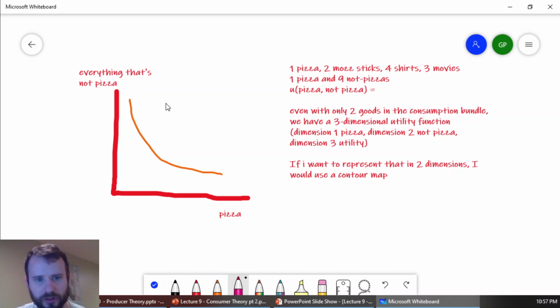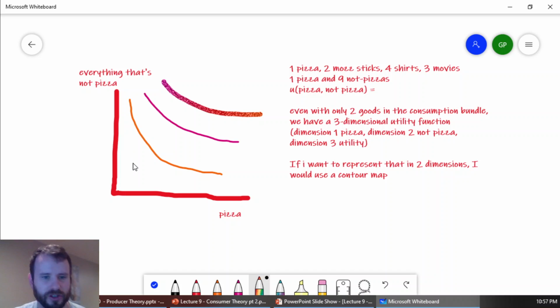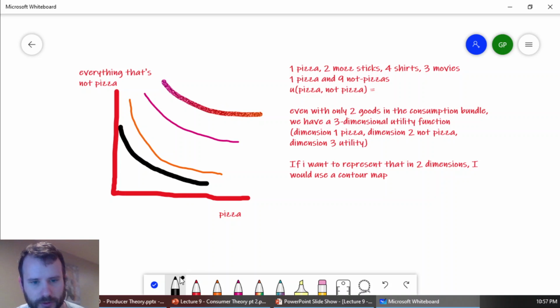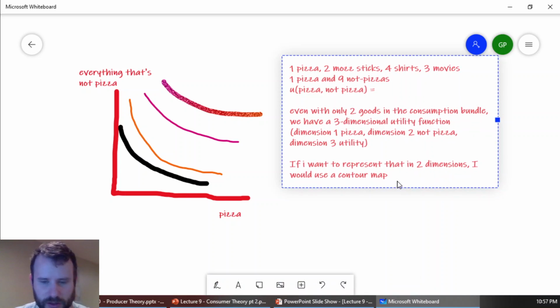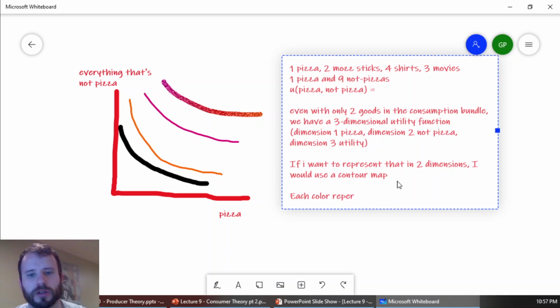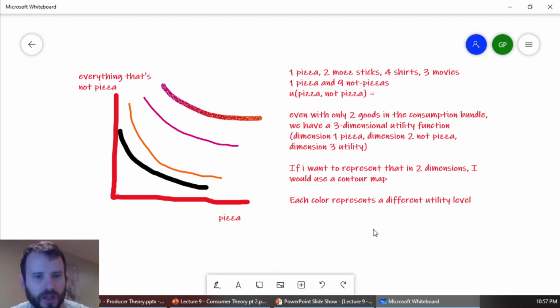So we can do it like this, where each new color represents a different utility level. So that's your indifference curve. You're still mapping 3 dimensions, pizza, not pizza, and utility, but you're mapping it onto a 2-dimensional graph.